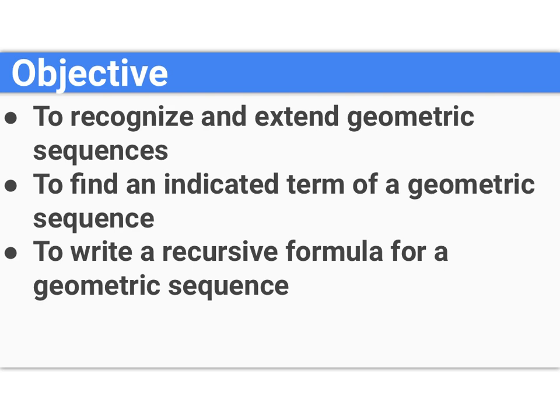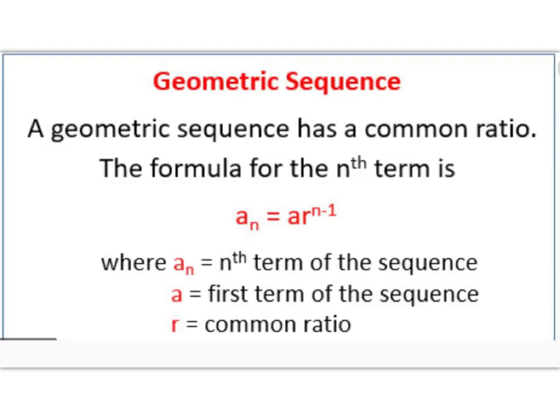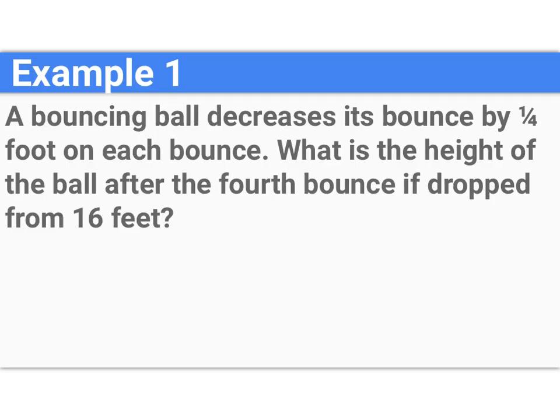And division is the same as multiplication, except you multiply by the inverse of the number, or the upside down. So here's our objective, our vocabulary, our formulas, which we looked at in the last video. So that was only the recursive, but you're going to have to look at the last video to get the explicit formula.